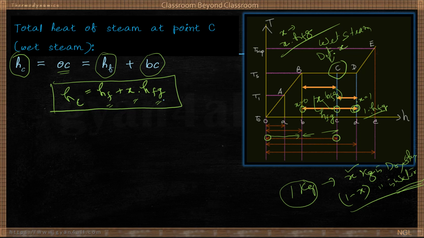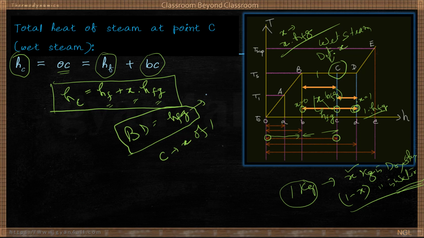Sir, BD is equal to HFG, right? BD is equal to HFG. Yes. Then sir, why is BC equal to X into HFG? Because C is X part of 1.